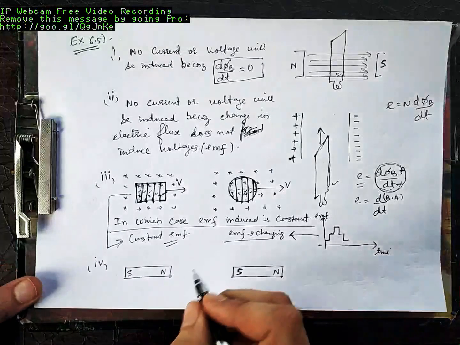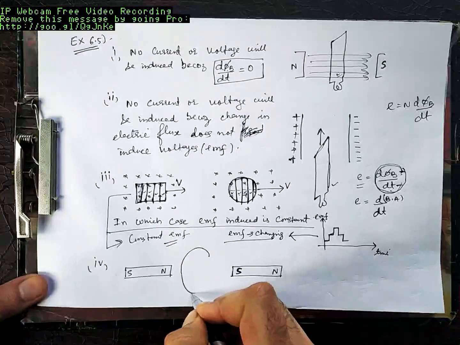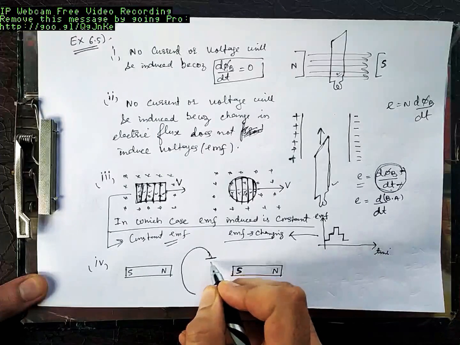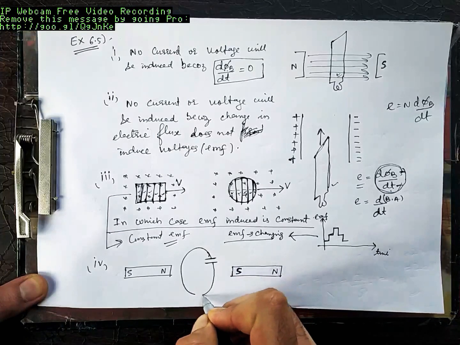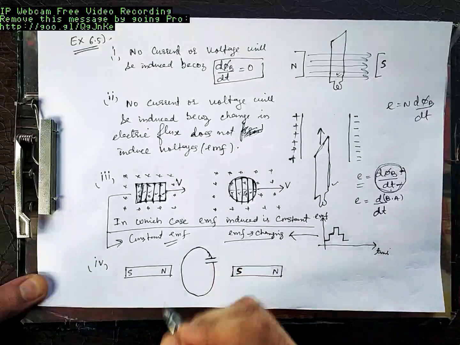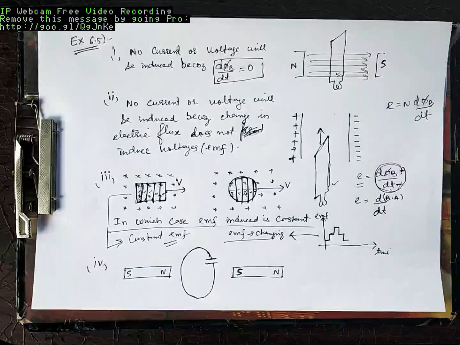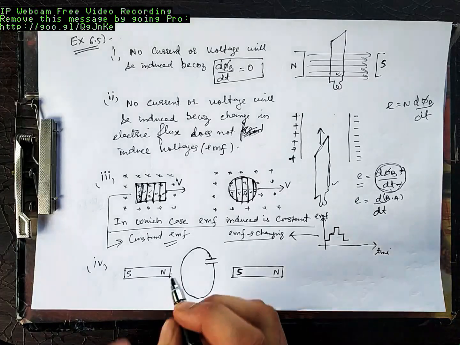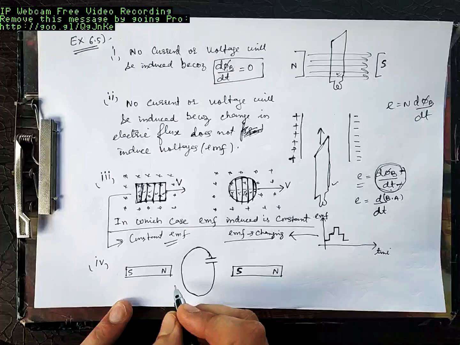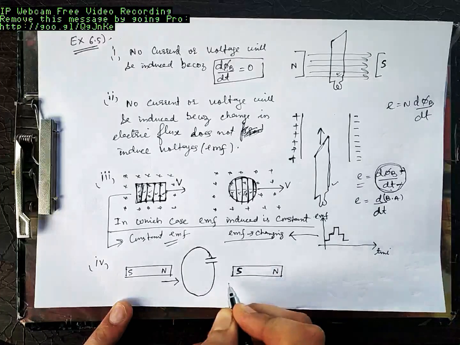In between you have a loop and there are two capacitor plates over here. This magnet is moving towards the coil. This is also moving towards the coil.